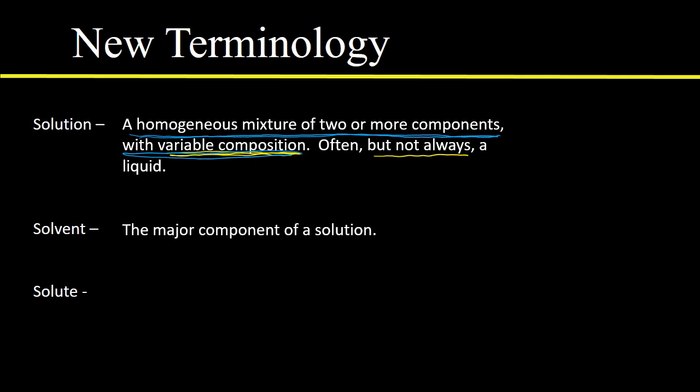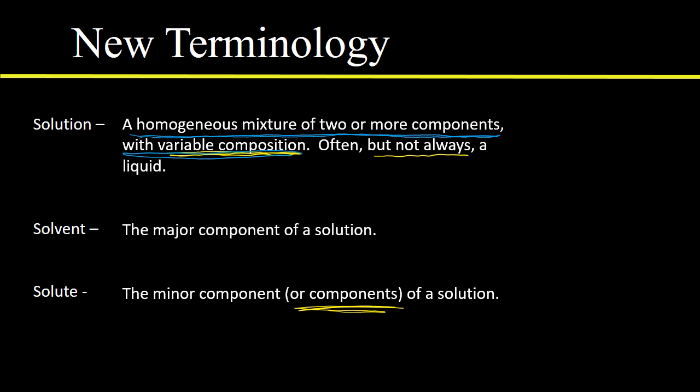So the solvent is usually that liquid that everything is dissolved in, and for us, that's usually water. The other part is the solute, and the solute is whatever is dissolved in the solvent. The solute is the minor component. And a solution can have multiple solutes.